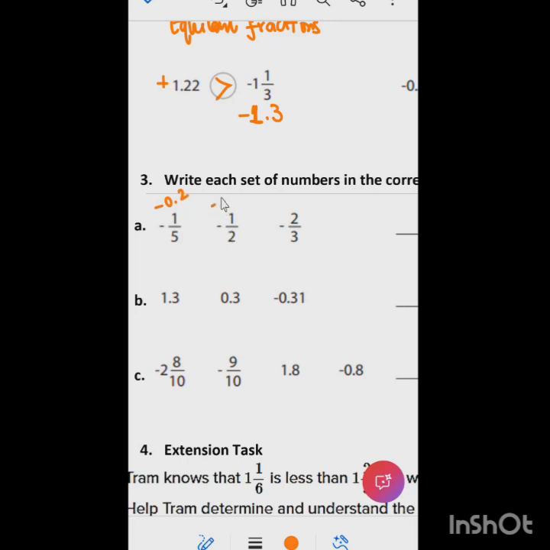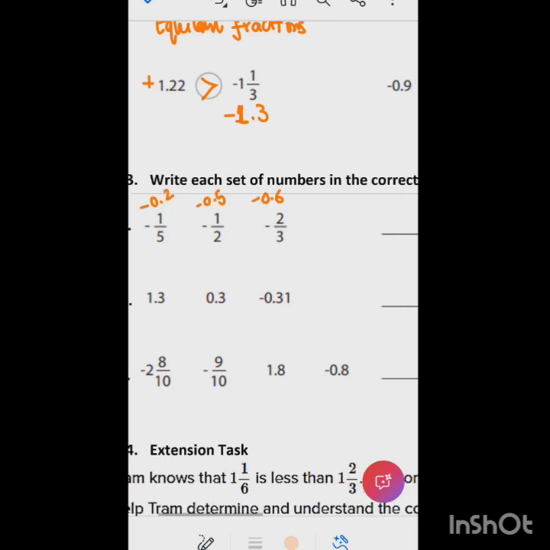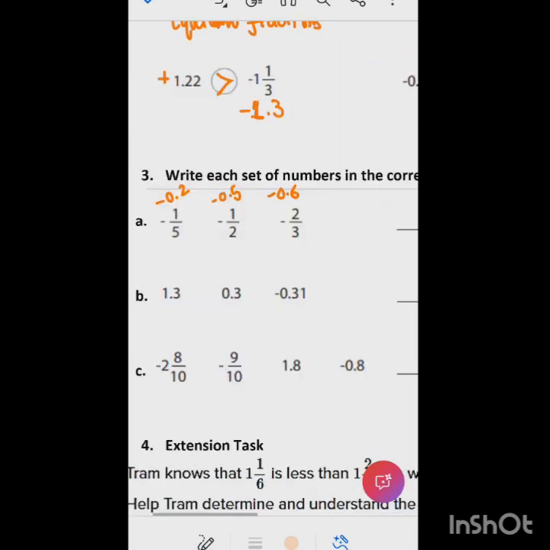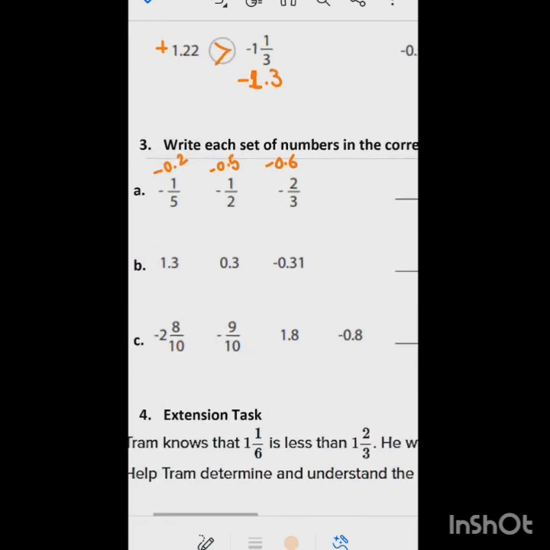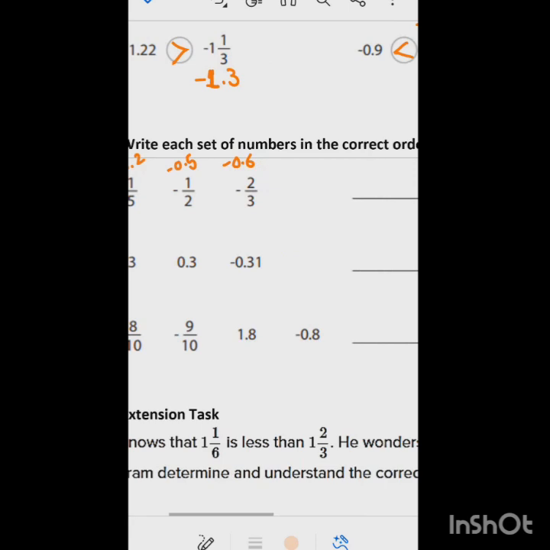Minus 0.5. Very good. And minus 2 by 3? Minus 0.6. Very good. So these are the three values. Now, which one is the smallest? Ma'am, minus 0.6. Very good.